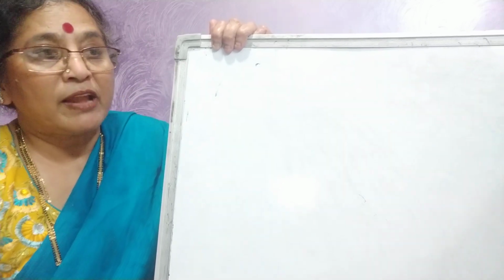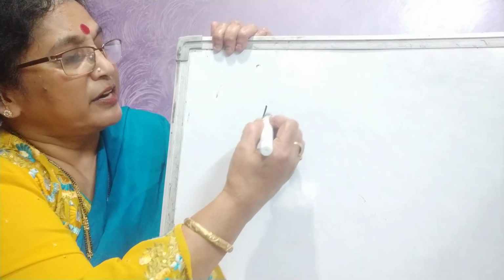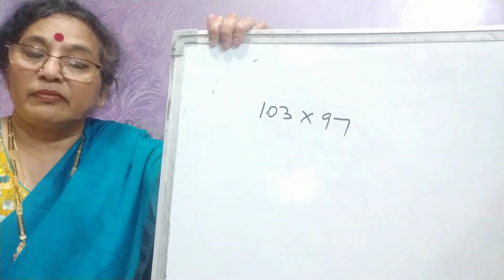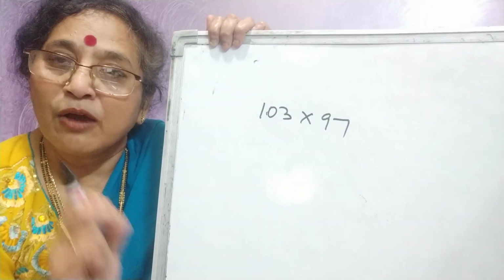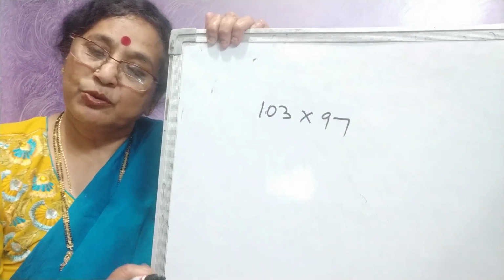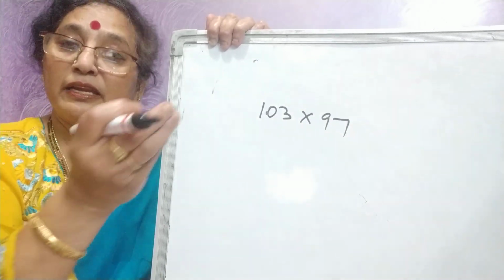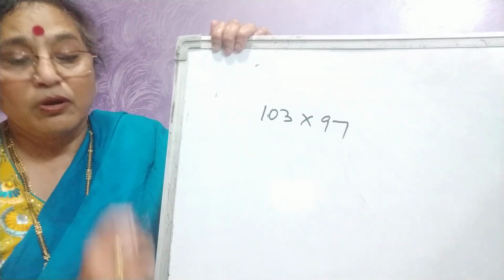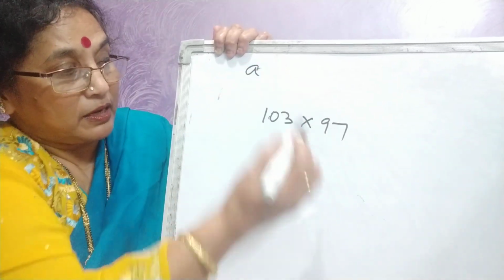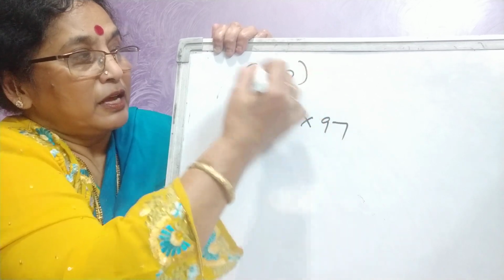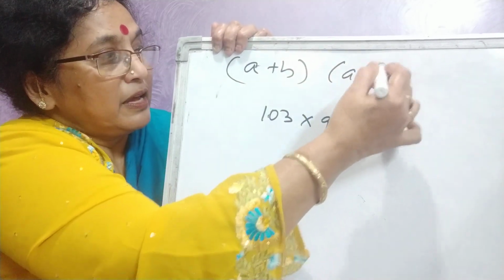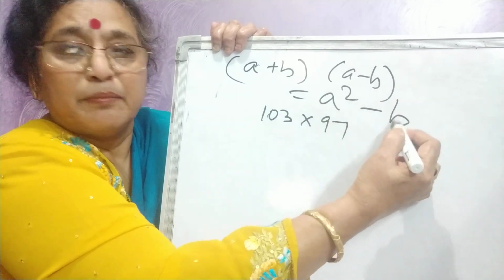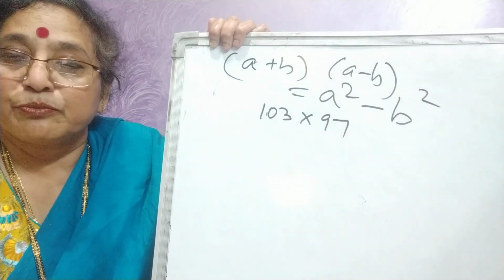Now if you have 103 and you have 97. First I taught you how to apply a plus b whole square, or a minus b whole square. Now how do you apply this formula, that is a plus b into a minus b is a square minus b square. That we all know.